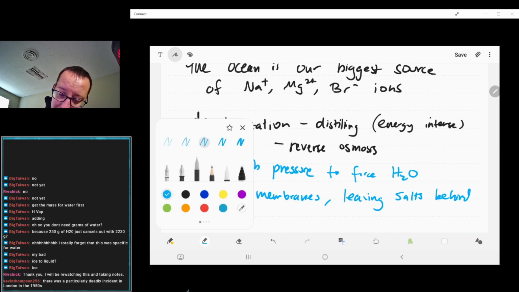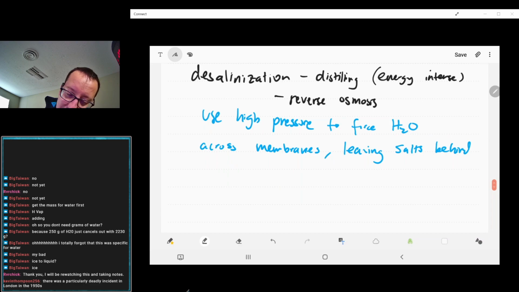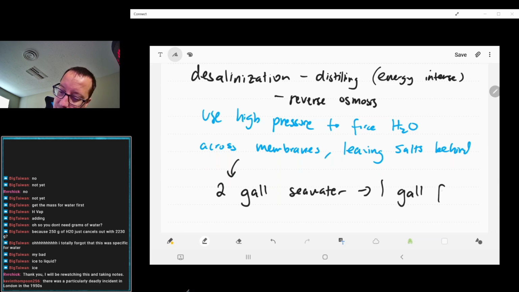Just so you know, reverse osmosis typically takes about 2 gallons of seawater to make 1 gallon of fresh water. So it's not exactly a 1-to-1 process here. It's in fact a 2-to-1 process.